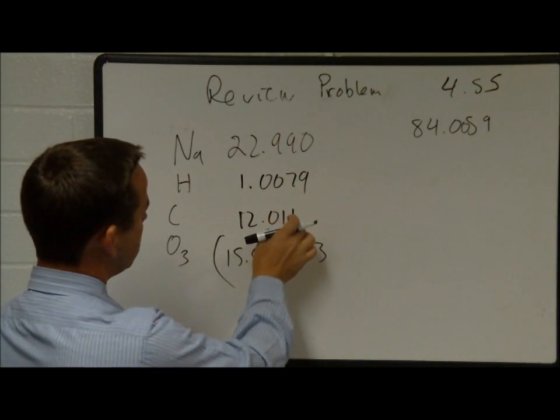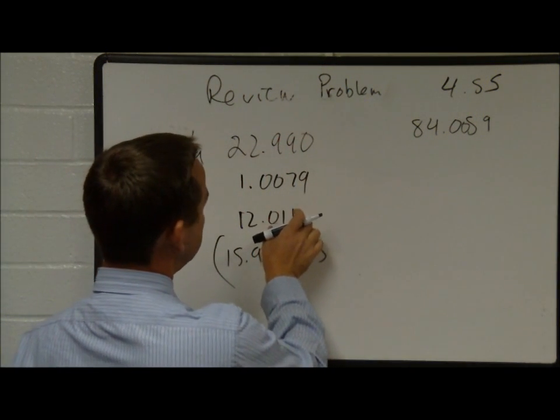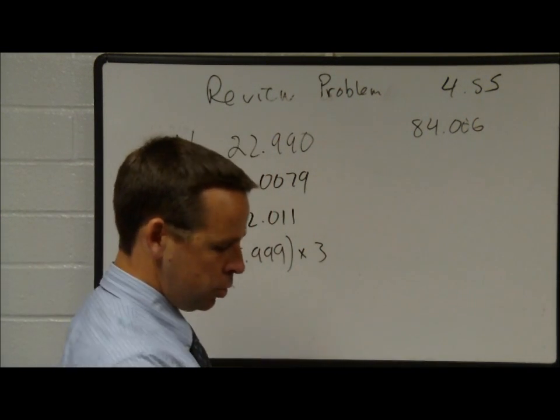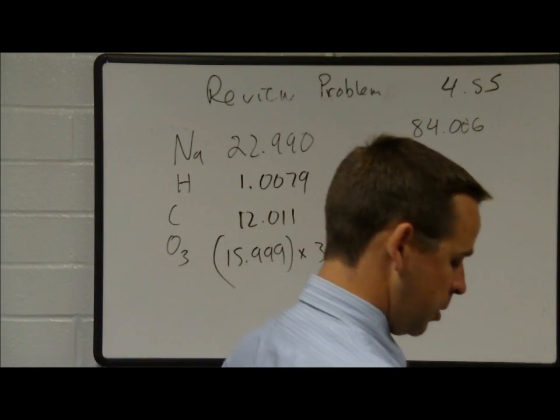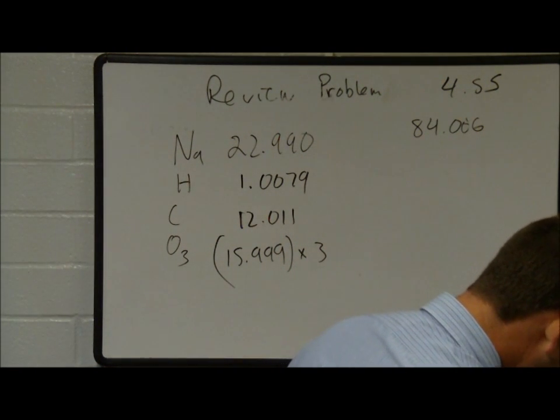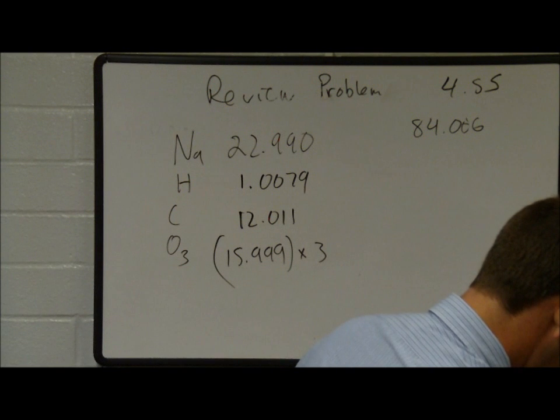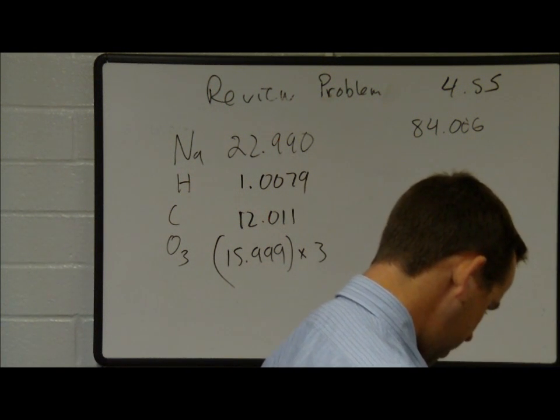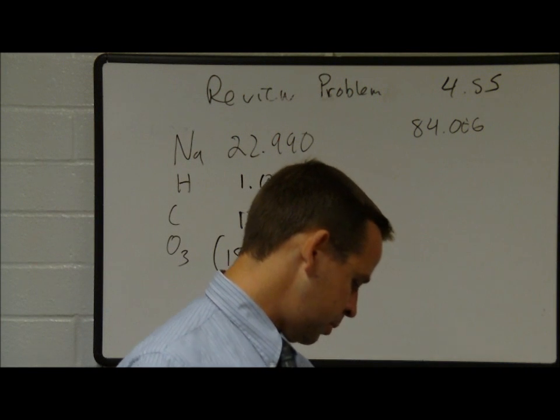And in terms of significant digits, it looks like I'm going to be limited to 3 decimal places. But if you use different masses from the front cover, then you would get a slightly different value as well. For 455, 84.0066 is what they have. Okay, that's sodium bicarbonate. Next, ammonium carbonate.